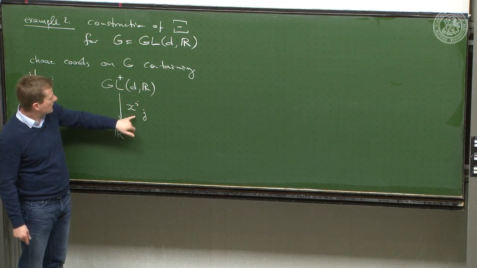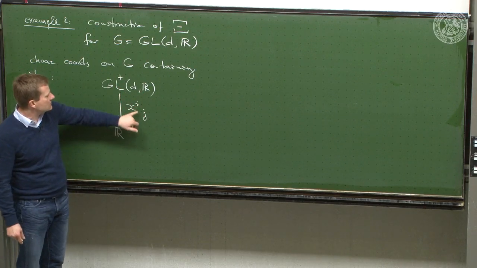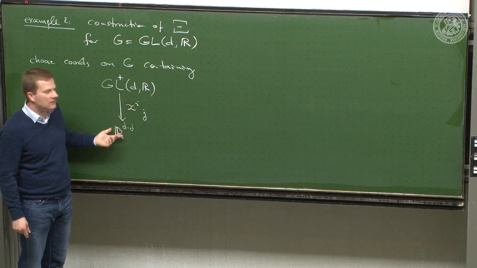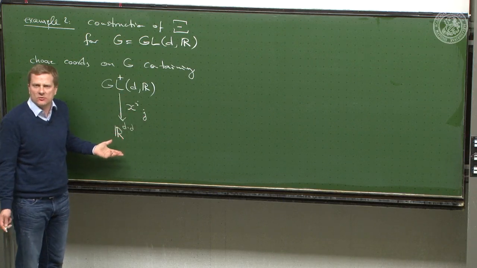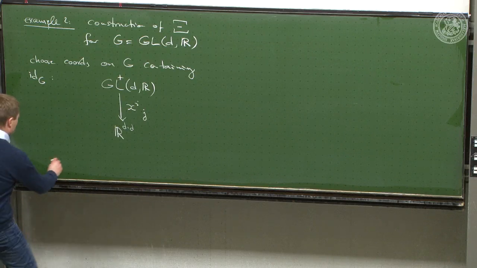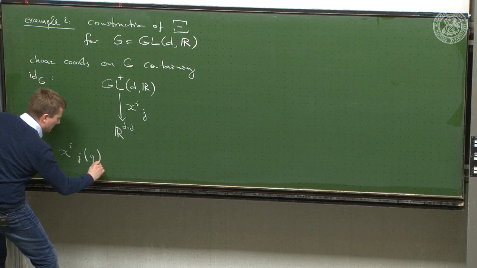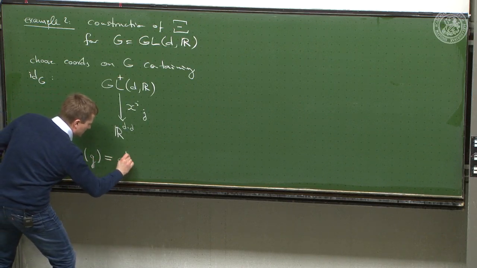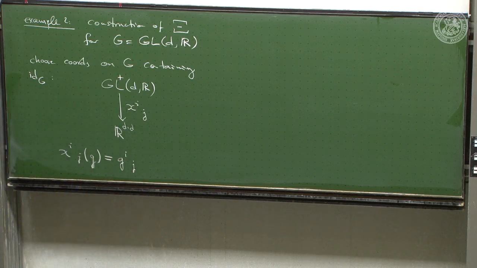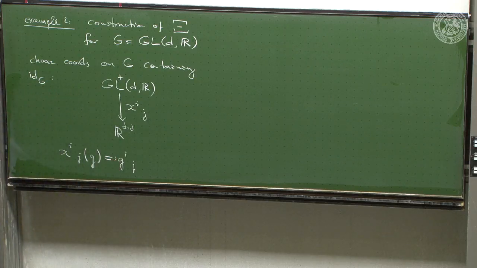The ij-th coordinate of an element is just the ij-th entry of the corresponding matrix. That's a coordinatization of this Lie group. So x_ij of a group element g, we will take as the matrix entries there. That's it. In a sense, this is the definition of the matrix entries as always.